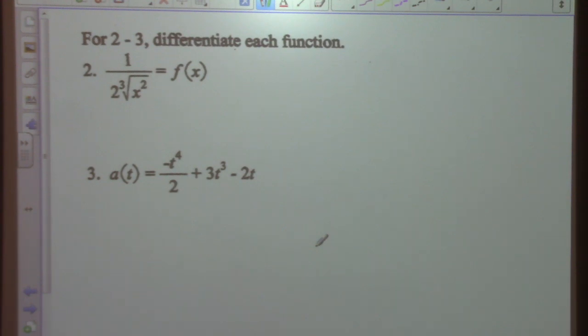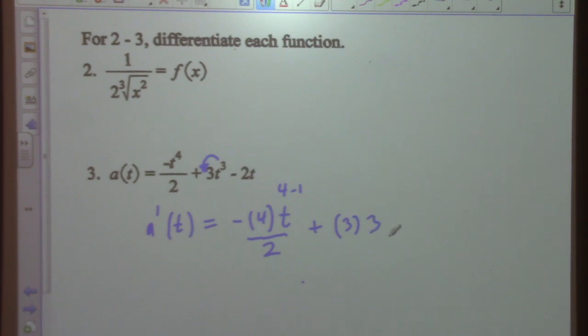Okay, number 3, we're going to find the derivative, so that's going to be a prime of t equals negative, and we take this 4, t to the 4 minus 1, and we divide that by 2, right? So we took this 4, plunk it out front, and then for this next one, we're going to have this 3 coming right here, right?